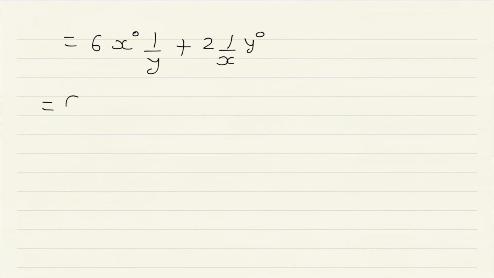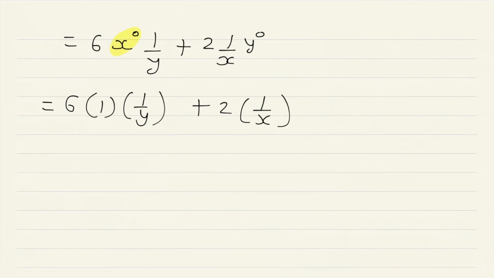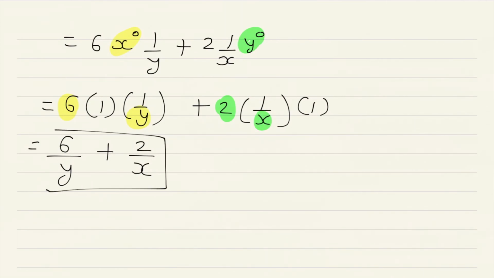So that is 6 times x to the 0 power, which is just 1, so 6 times 1 times 1 over y, plus 2 times 1 over x times y to the 0 power, so that's also 1. So this is 6 divided by y, plus 2 divided by x. And that is our answer.